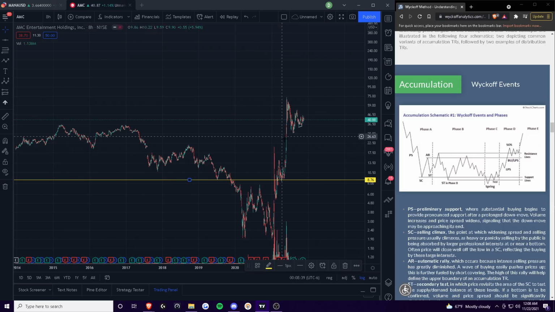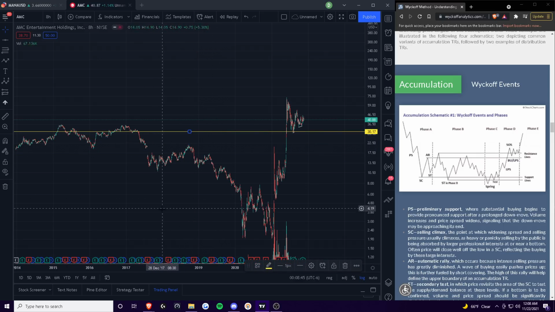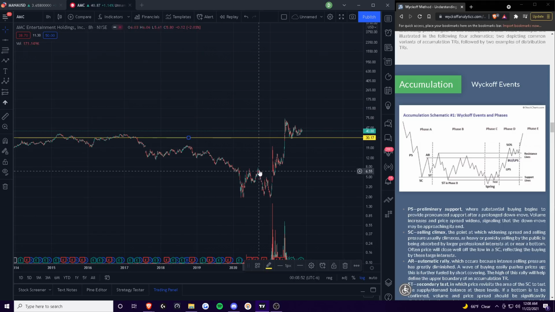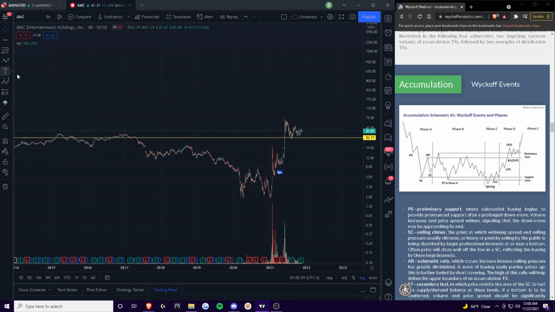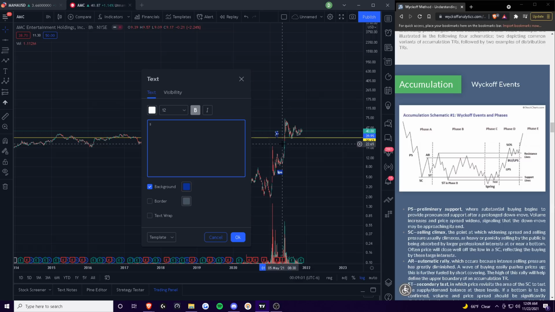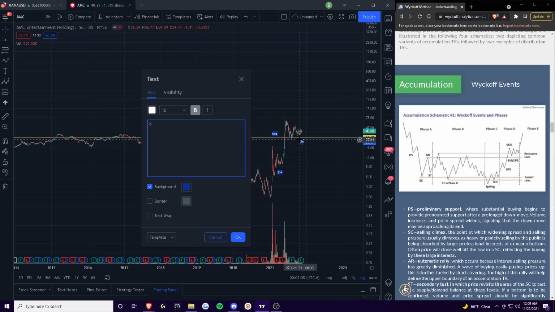So then this is kind of creating a reaccumulation, or even you could say that from here was a big giant accumulation, and then you had your LPS here, right? And then you had a sign of strength above the trading range. The sign of strength is when you break to the top of the trading range, like above it. And then this is like your backup LPS phase.